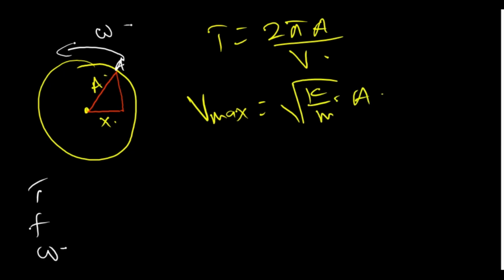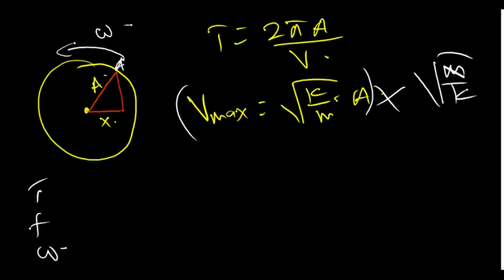In this formula, I want us to make the amplitude the subject of the formula. That is the same as multiplying by the reciprocal of what is in the square root, so this and this cancel. Then we get v times the square root of m over k, which is equal to the amplitude.